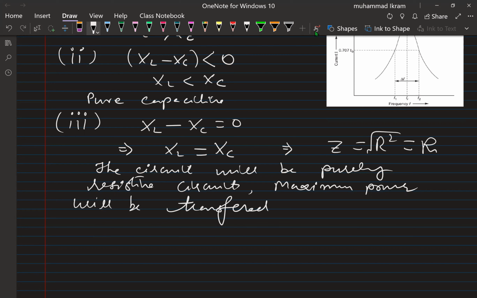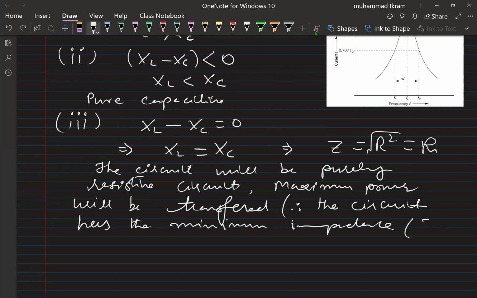What is the reason? The circuit has minimum Z, the minimum impedance.